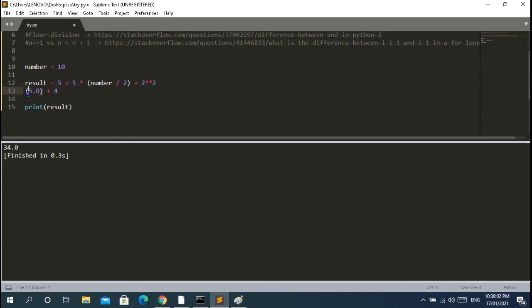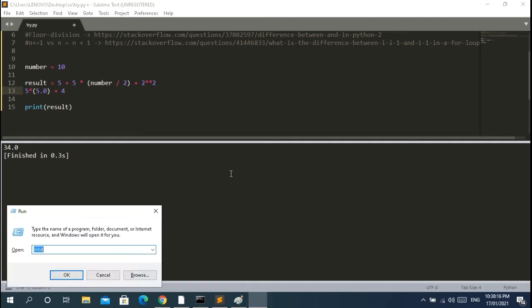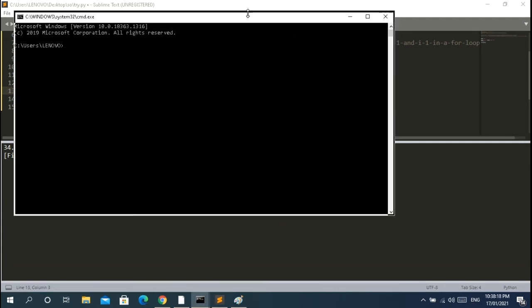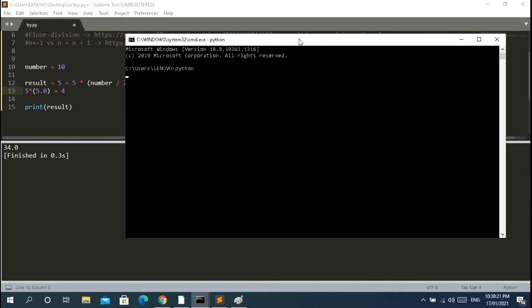So it would be 5.0 times 5, which is 25.0.